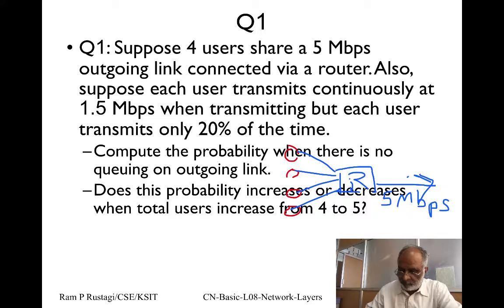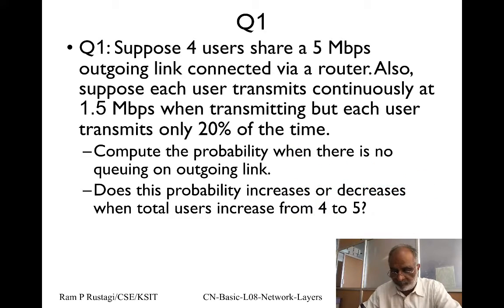That is the second question. So work it out and explain why this probability increases or decreases. So pause the video and work it out, and once you are ready, resume and see the answers.